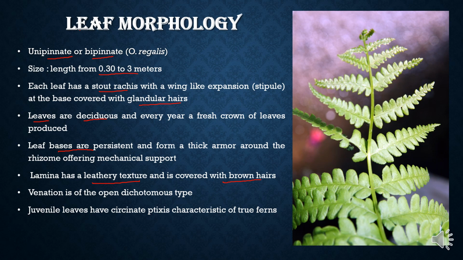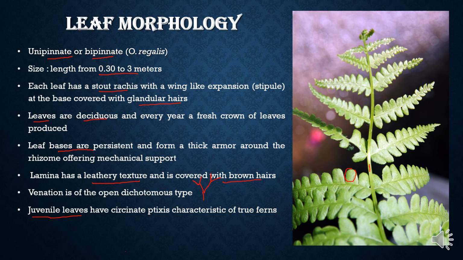This one is the rachis, and these are the pinna. You see, these pinna are also covered by hair, which is present on the rachis. About the venation, it is dichotomous, which means that the venation will be like this, and again there will be dichotomy.